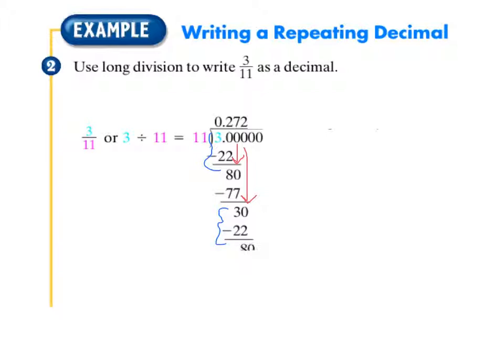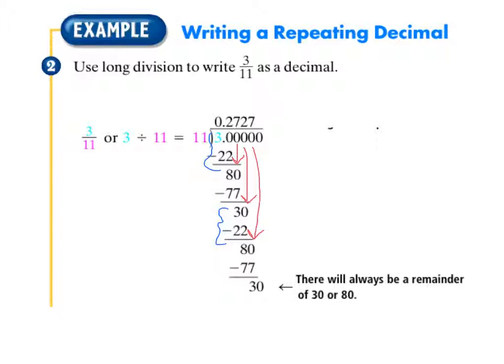So that again gives me 8. I drop another 0 to make it 80 instead of 8. Then again, 7 times 11 gives me 77. Then subtract out, leaves me with 3 again. So I know that there's always going to be a remainder of 30 or 8.